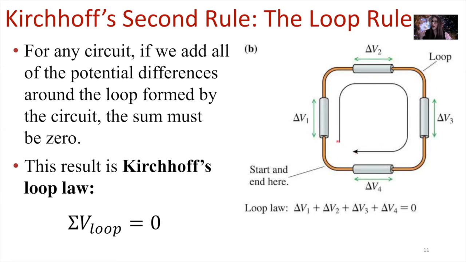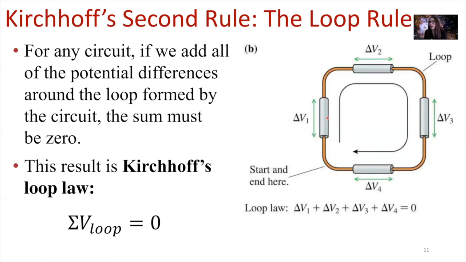So we add up all of the potential around the circuit. We add up the potential across this element, plus the potential across this one, plus the potential across this one, plus the potential across this one as we go around the loop. And so the sum of all of those together must equal 0. But we haven't really said what these elements are.